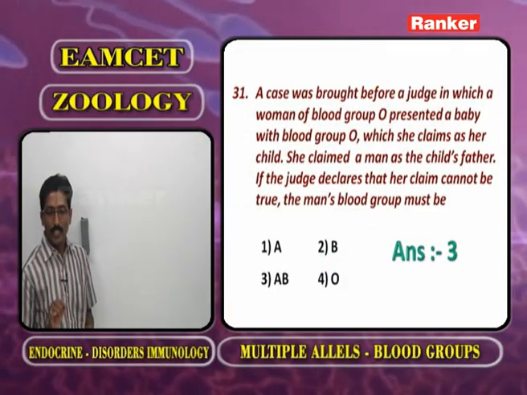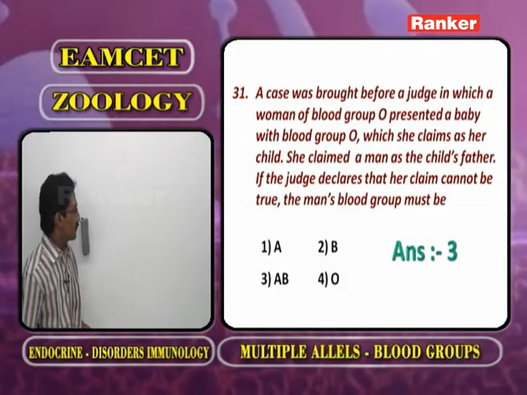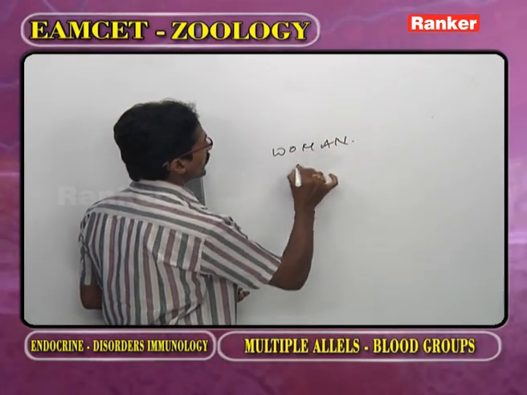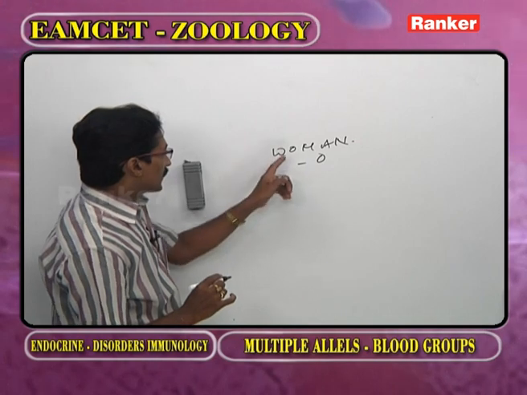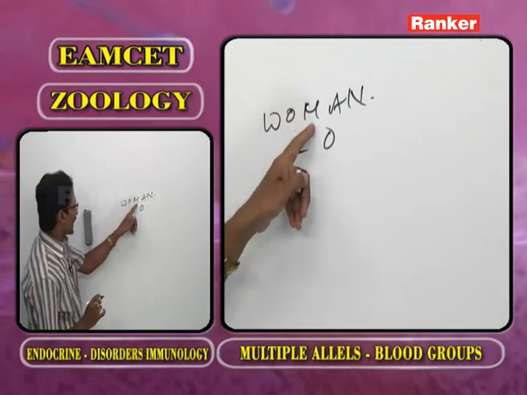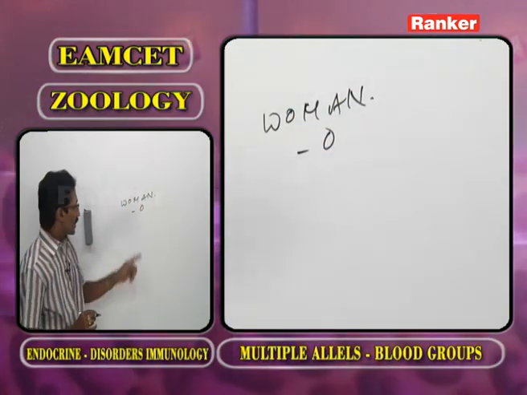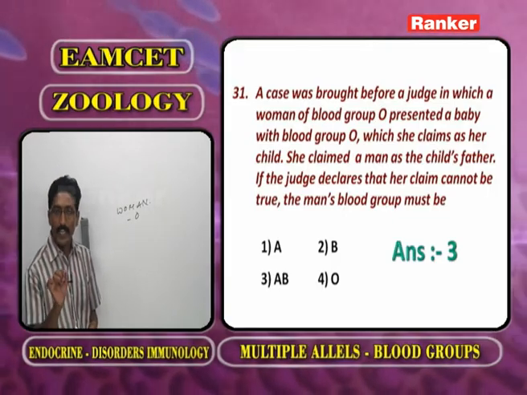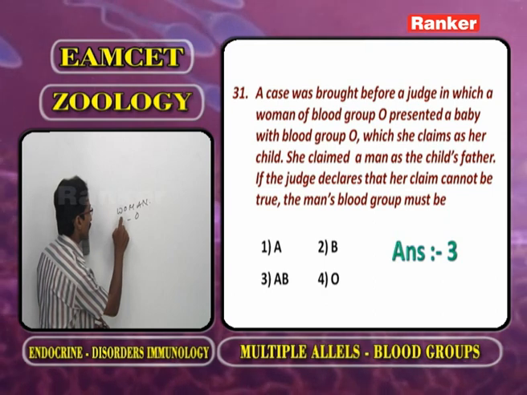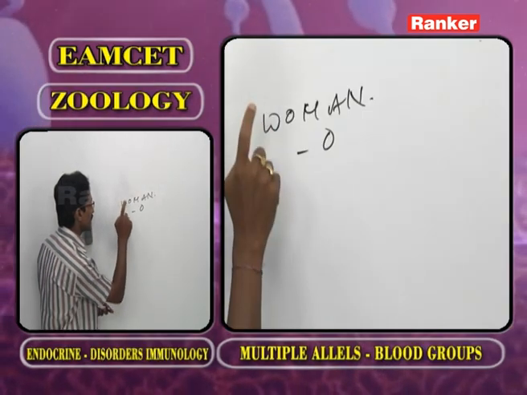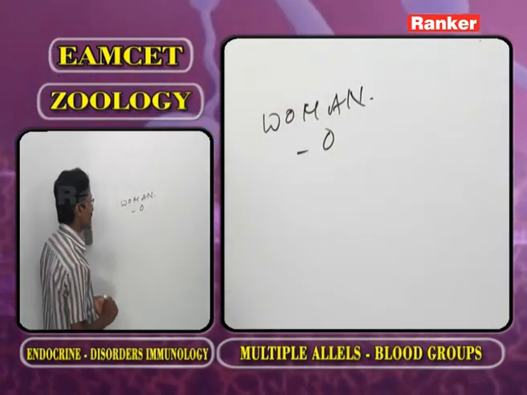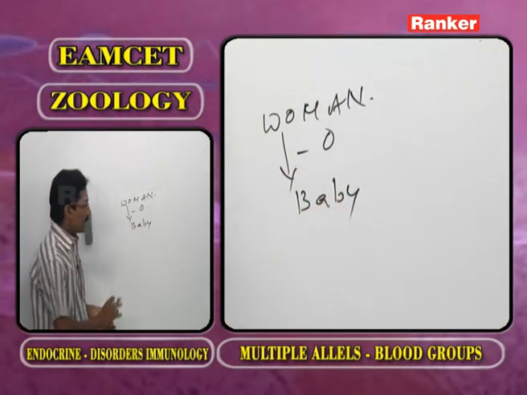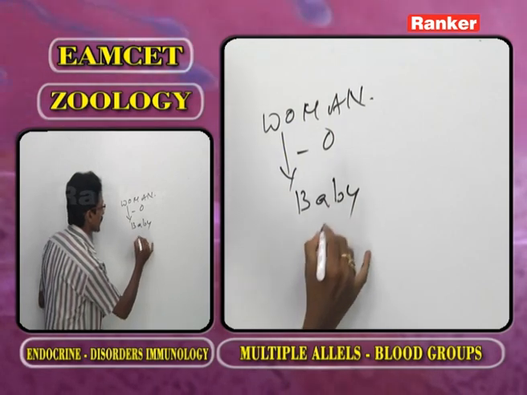Here the woman's blood group is O. She brought a case before a judge. This woman presented a baby before the judge. The baby's blood group is also O.